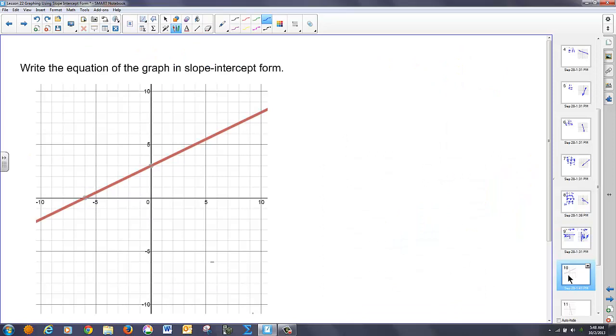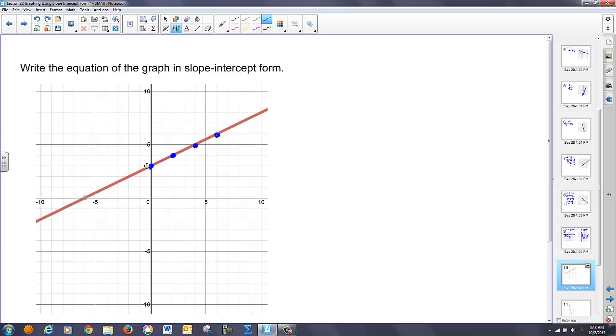So now what we're going to do is, rather than graph the equation, we're going to write the equation from a graph. So the key thing in these problems is to make sure you find an exact point that the line goes through. So you can see the y-intercept is clearly 3 in this case. And it appears that it's going through this point, etc. So to find the slope, I need to figure out how much I rise and run from one point to another.